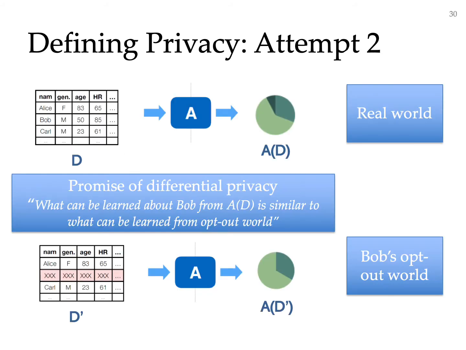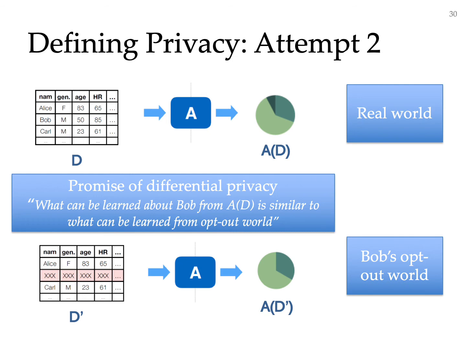So we start with a second attempt, and we consider an algorithm. If the information that we can learn about an individual from this algorithm is similar to what can be learned from an opt-out world, where the individual is absent from the input data, then we may say that the mechanism is private, or a privacy-preserving mechanism.